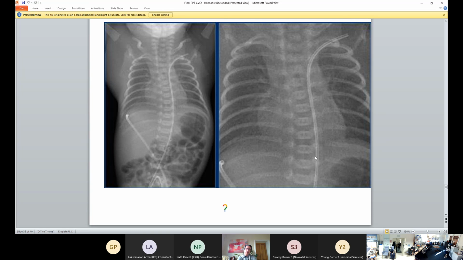The UEC was inserted here, has gone down and then went up through the descending aorta up to the subclavian artery, probably. The UVC here is in the liver parenchyma.